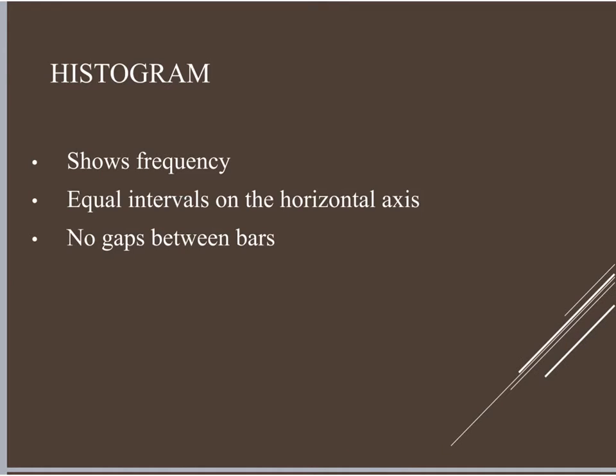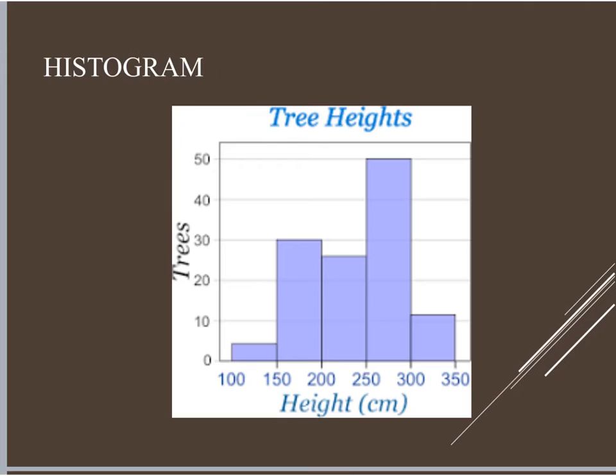Now, we also have what we call a histogram, which kind of looks like a bar graph, but a histogram is going to show us the frequency. Okay, and the key thing with a histogram is you have to have equal intervals on the horizontal axis, and there is not to be any gaps in between the bars. So notice here we have our vertical bars in this case.